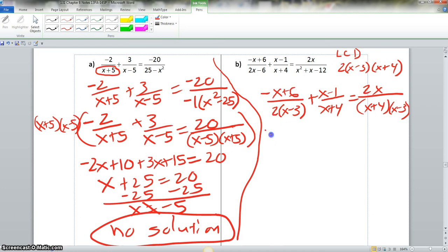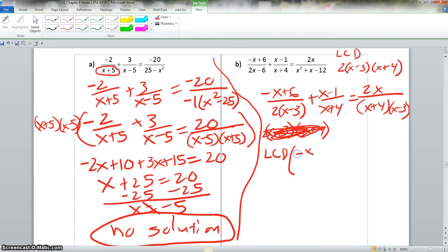It'd be 2 times x minus 3 times x plus 4. Now, it looks as though I'm not going to be able to write that whole equation, so I'm just going to write LCD. And you all know that this is the LCD.